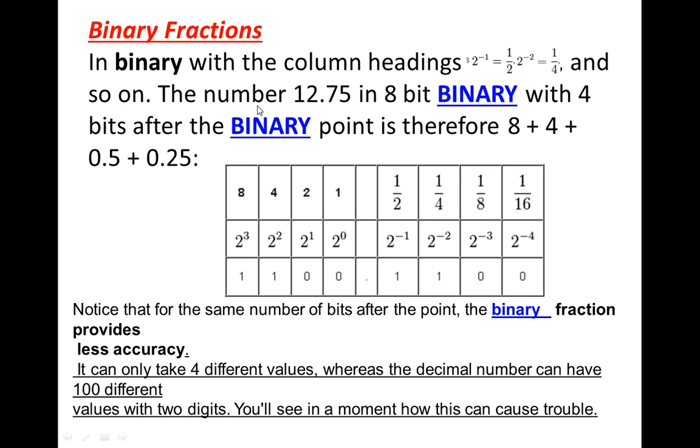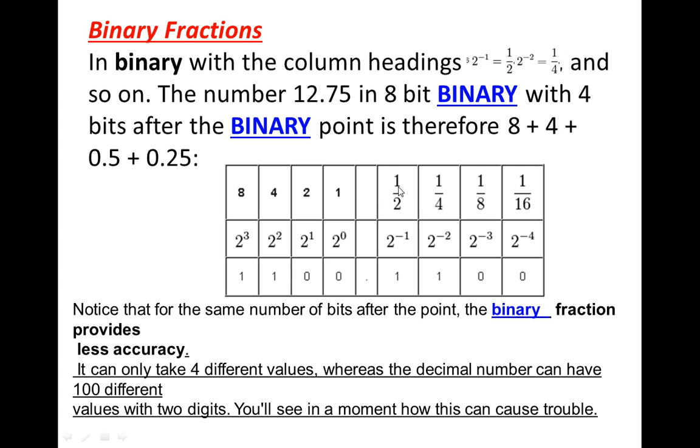The number 12.75 in an 8-bit binary with 4 bits after the binary point is therefore represented as 8 plus 4, because this is 2 power 0 into 1, and then 2 power 2 into 1. This is 8 plus 4, and 0.75 is represented by 0.5 plus 0.25.